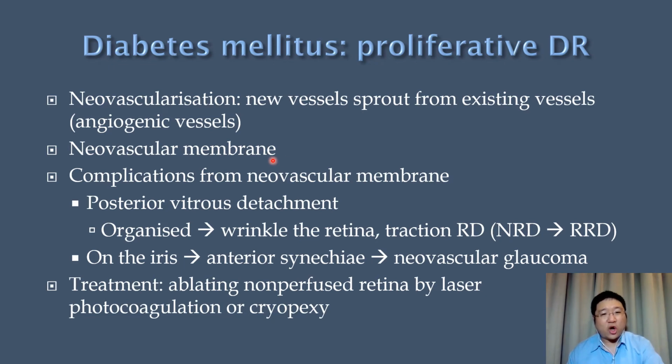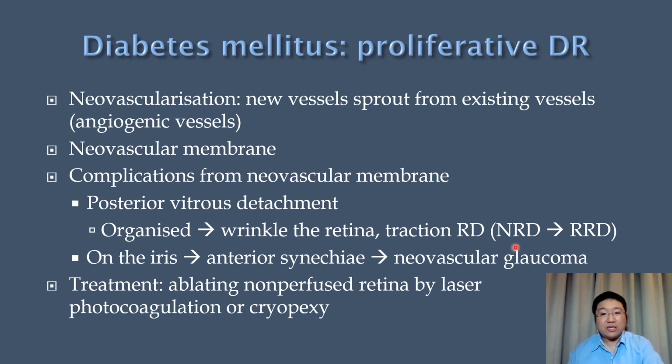It can cause so many complications. The vascular membrane may contract, so may be organized. So one complication is posterior vitreous detachment, and then posterior vitreous detachment may be complicated by traction retinal detachment.